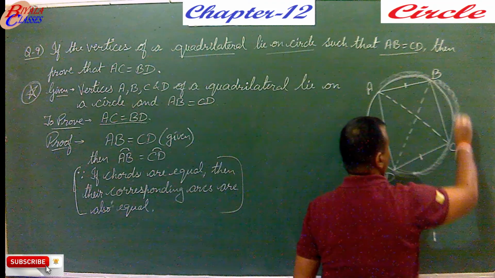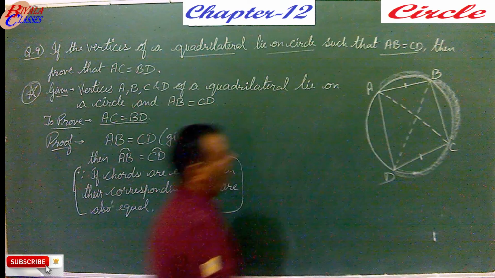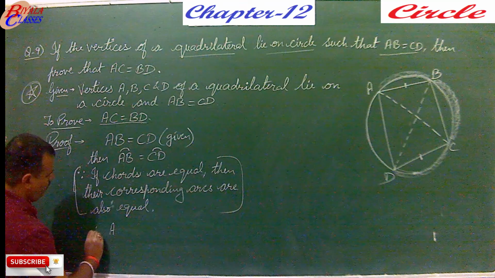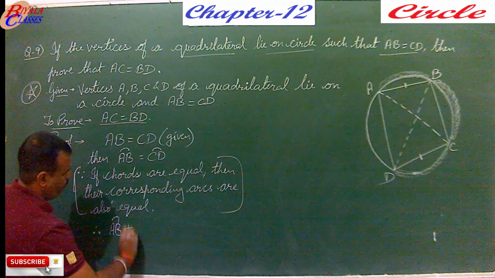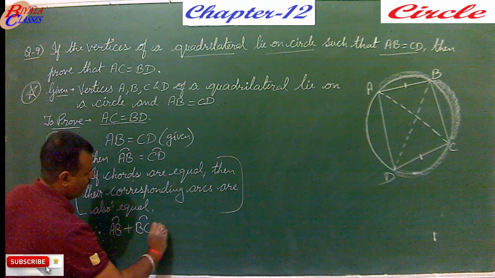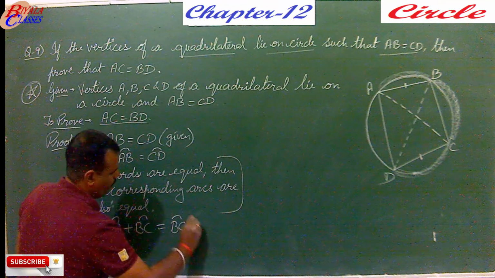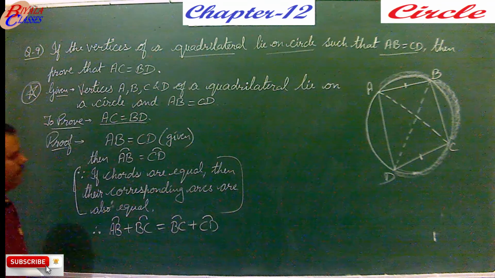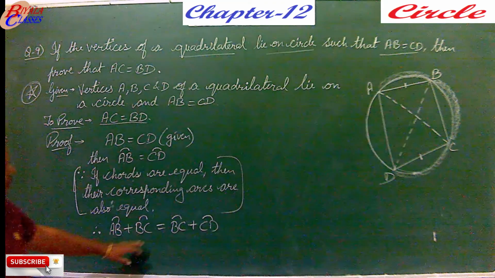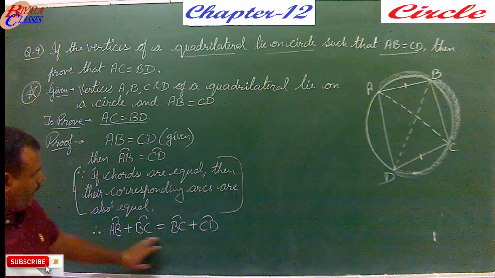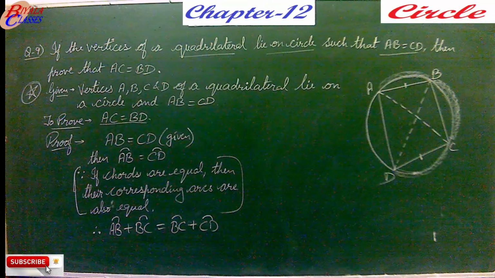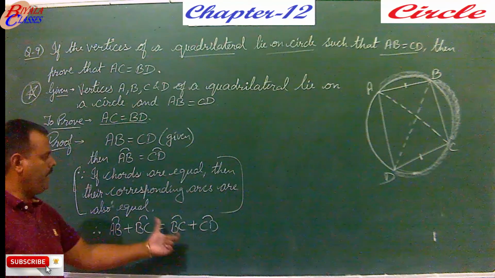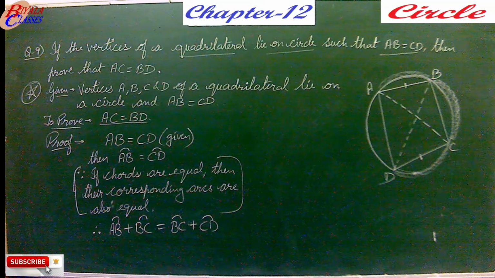If you consider this BC and you add it to both the sides, so arc AB plus arc BC equals arc BC plus arc CD. Now what we have done here is just added the same portion to both the sides. So if we add equals on both the sides, then the whole result will also be equal.